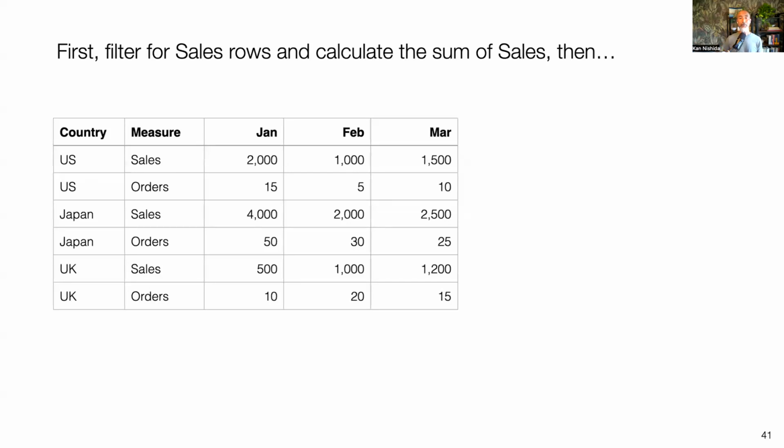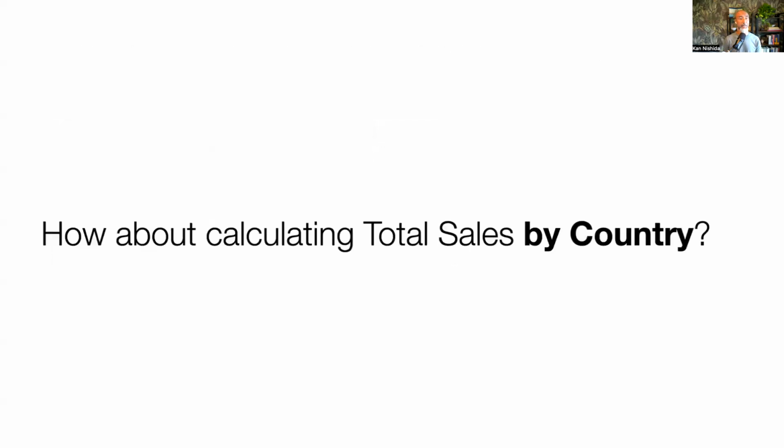Then you have to keep those two numbers somewhere, and then do the division. That would be very cumbersome and complicated. So again, the long, tidy data is much easier. Untidy data is not easy when it comes to calculating or summarizing the data.